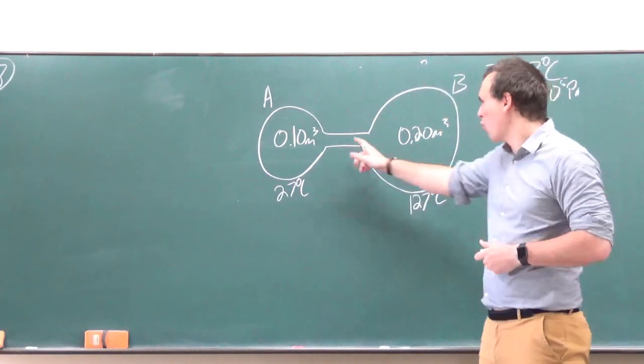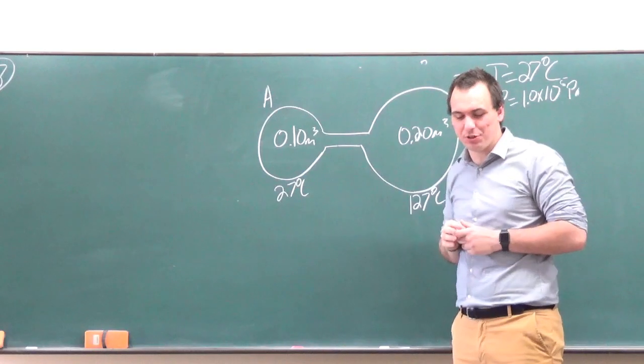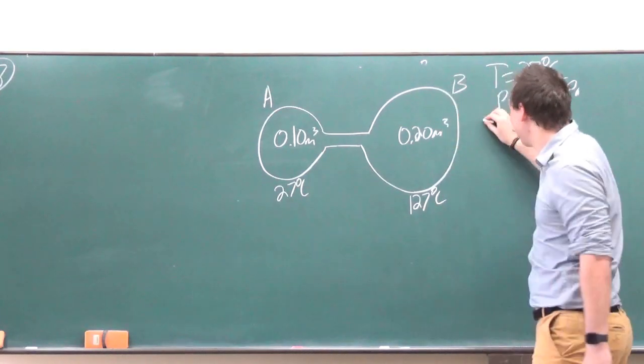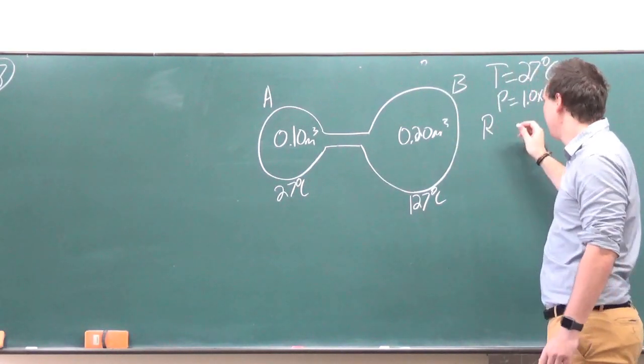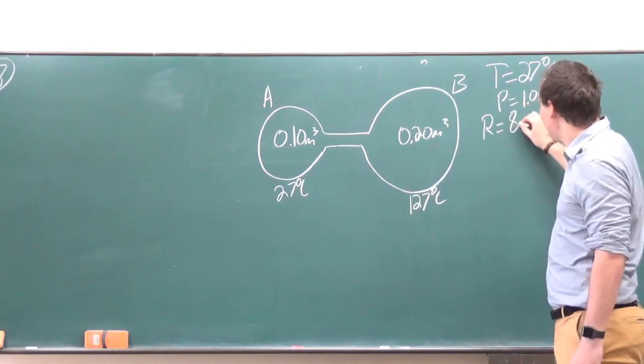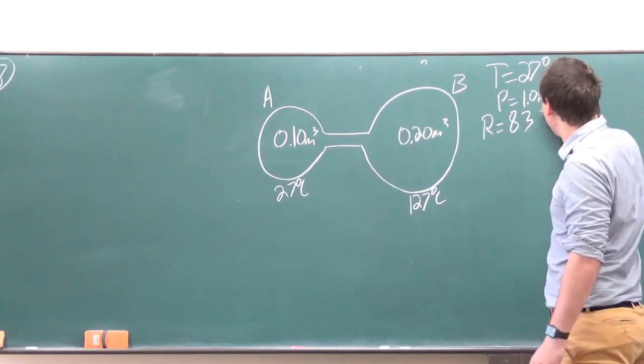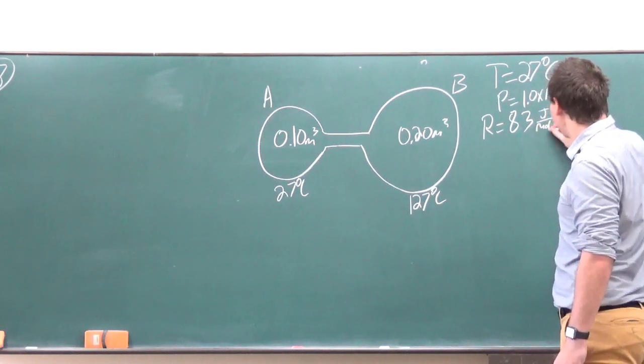Thankfully, we can ignore this volume of the thin tube. And we can also say that our gas constant, I think I can use big R for this, is 8.3 joules per mole Kelvin.